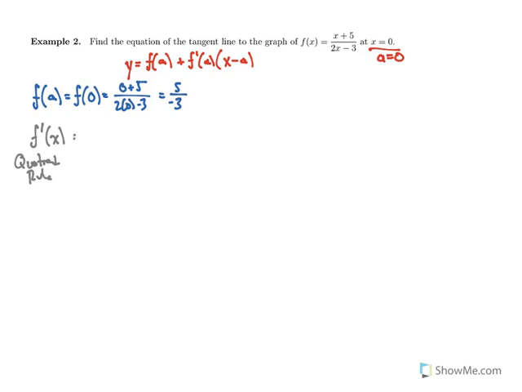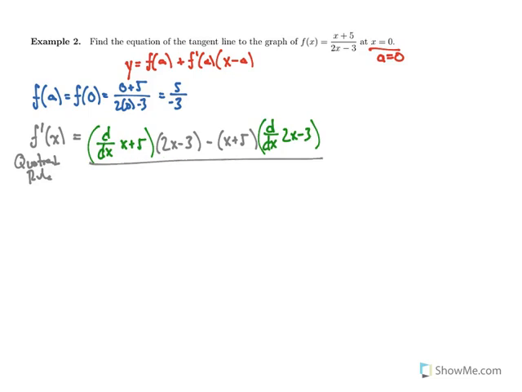So this derivative is going to be the derivative of the top times the bottom minus the top times the derivative of the bottom all over the bottom squared.